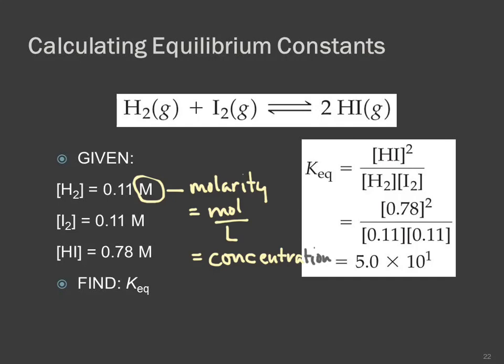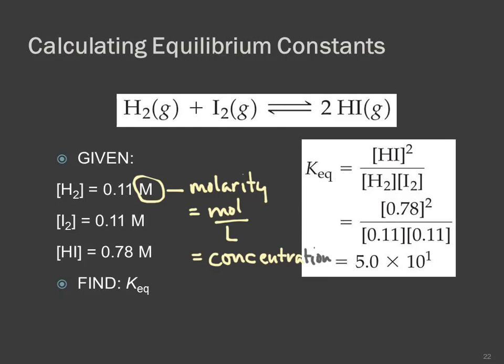So if we have the hydrogen gas having a 0.11 molar concentration and the iodine gas having a 0.11 molar concentration and the hydrogen iodide gas having a 0.78 molar concentration, calculate the equilibrium constant.